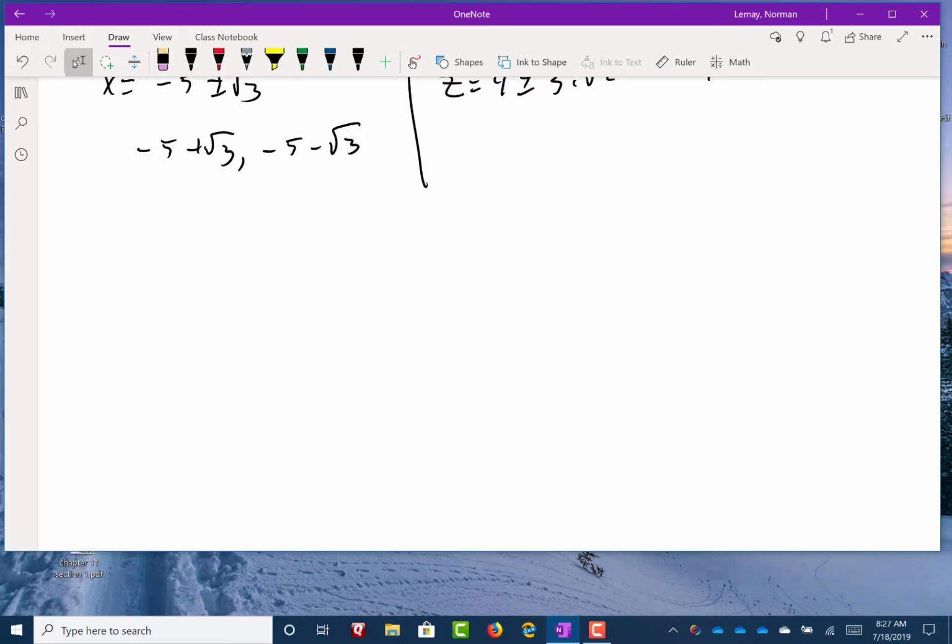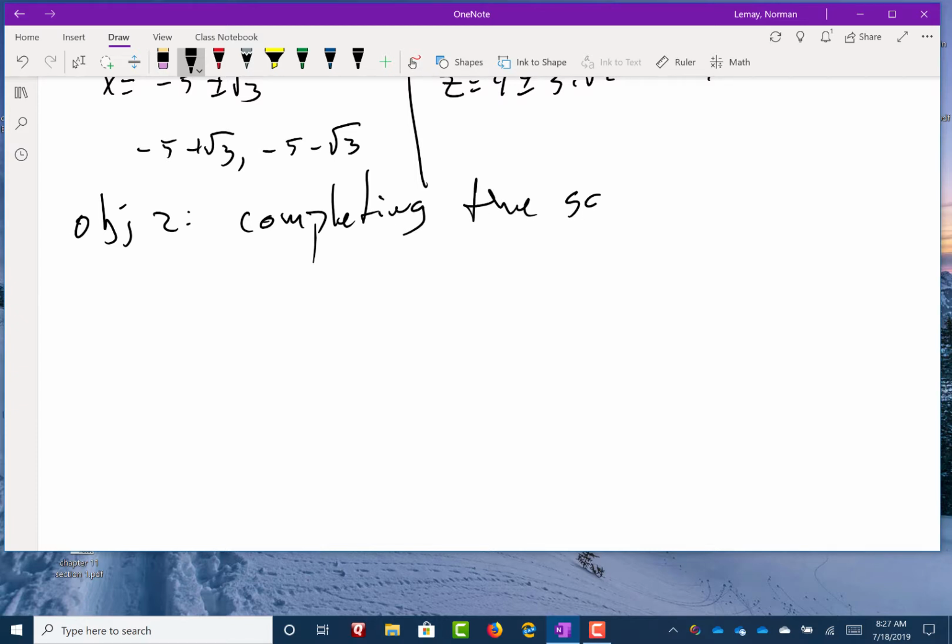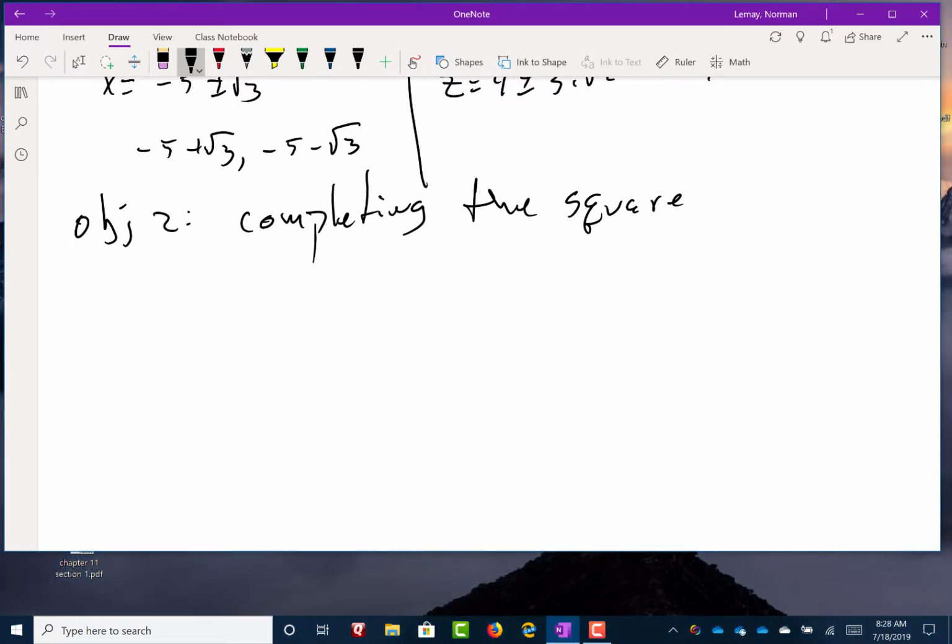So our Objective 2 then is completing the square. This is a technique that will take something in the form of x squared plus bx equals some number h, and then we're going to put this in the form of x plus or minus some value k, squared, equal to some number m.